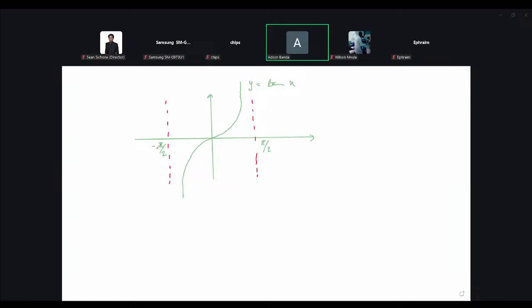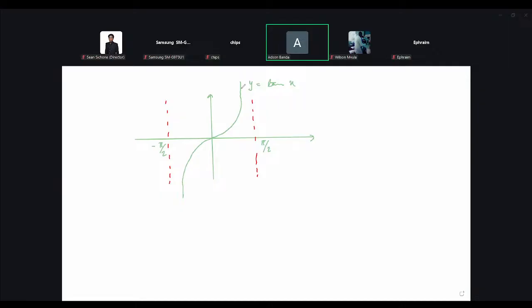So what we are saying is that we restrict ourselves to this domain, because this graph repeats itself every pi units. It is in this domain that the function is 1-to-1.